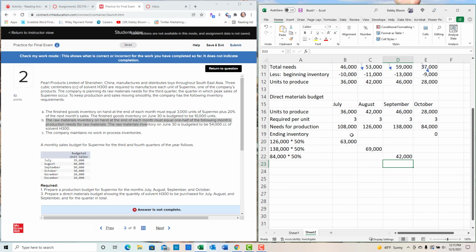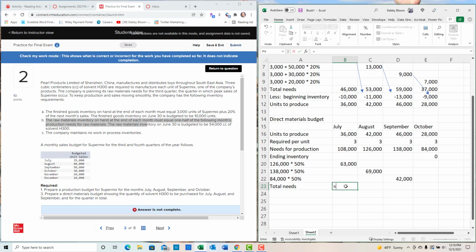So now, just like above, I'm going to ignore lines 16 and 17. I'm going to start off with the number of cubic centimeters of the solvent needed for production and add the desired ending inventory to calculate the total needs for production.